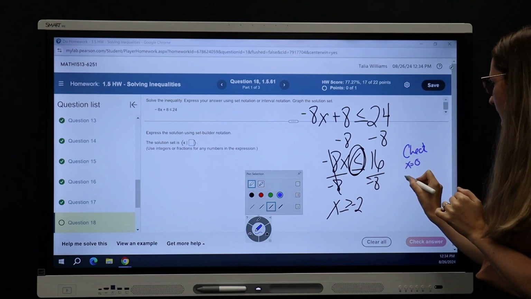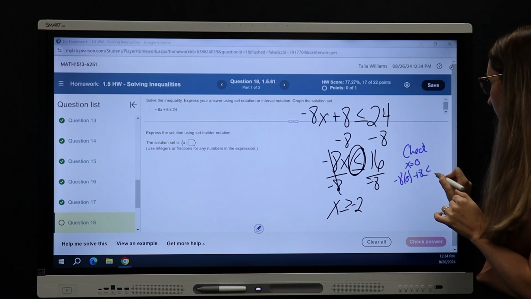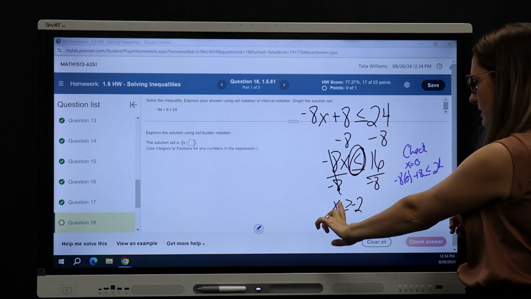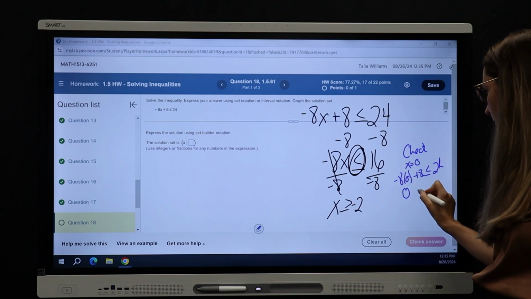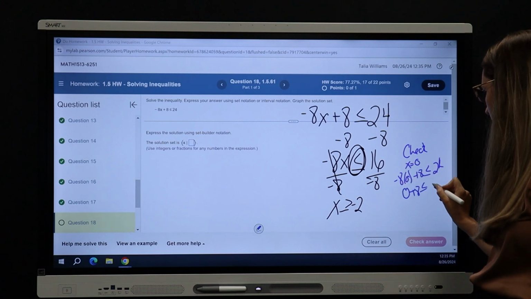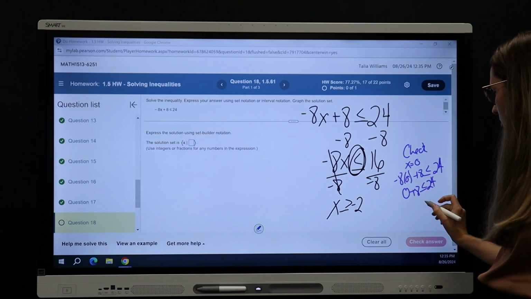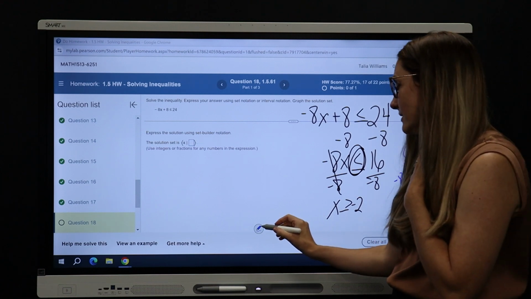So if I do negative 8 times 0 plus 8 is less than or equal to 24, because I'm putting this directly into this. Negative 8 times 0 is 0, plus 8 is less than or equal to 24. Is 8 less than or equal to 24? Yes, this is true.